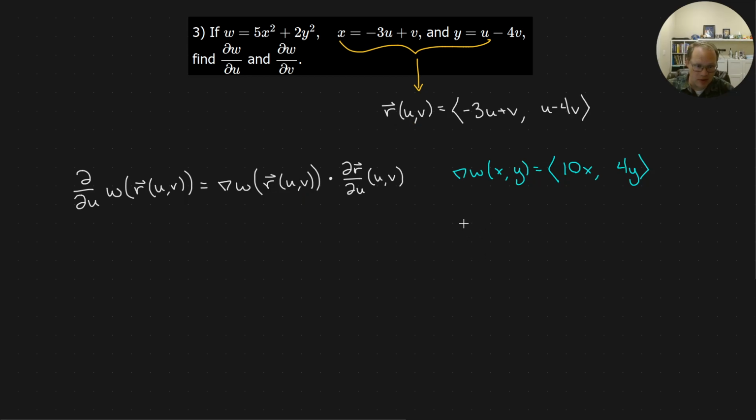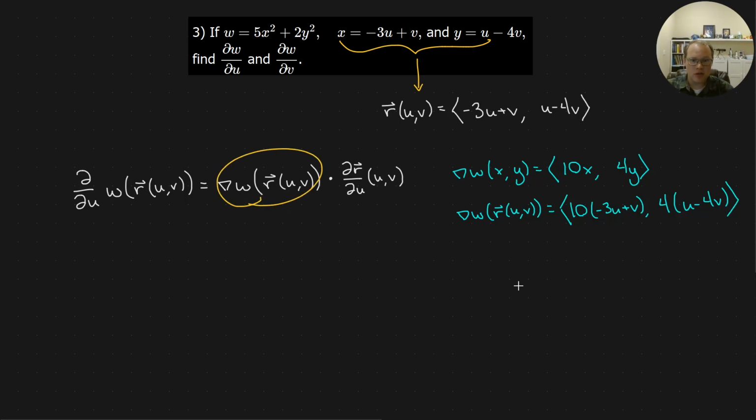So I'm going to plug in the vector valued function. In place of x, I plug in negative 3u plus v. In place of y, I plug in u minus 4v. So 4u minus 4v. Okay, that will be the first factor here in this dot product.